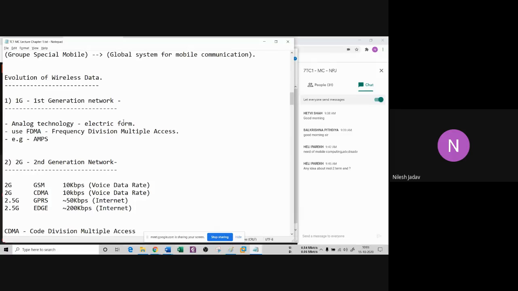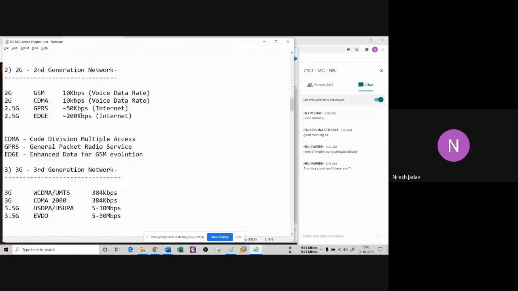The first generation comes up, and it says I am going to use analog technology, because digital technology had not come yet, in 1947 or 1977; we did not have that kind of research at that time. Everything was in electric form only. So at that time we used analog technology, with frequency division multiple access, and the example is AMPS. It was the first cellular network.